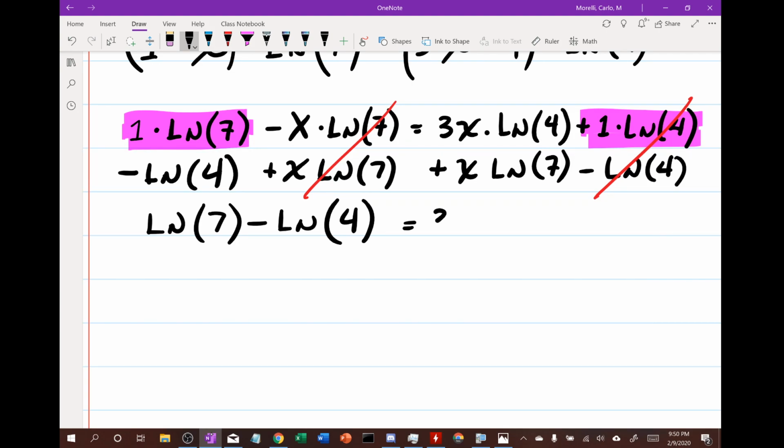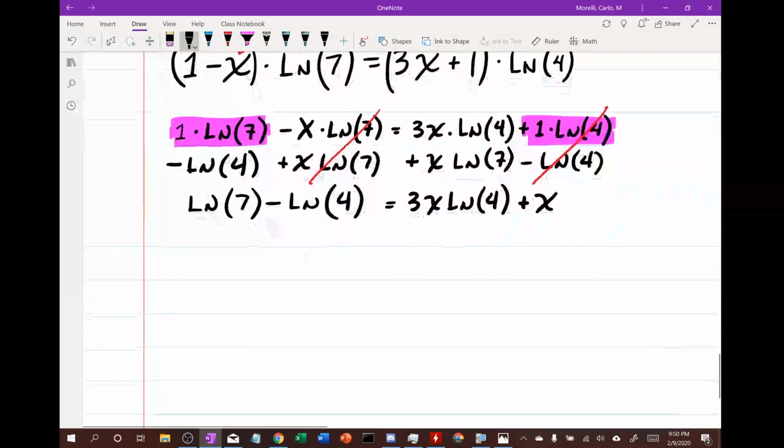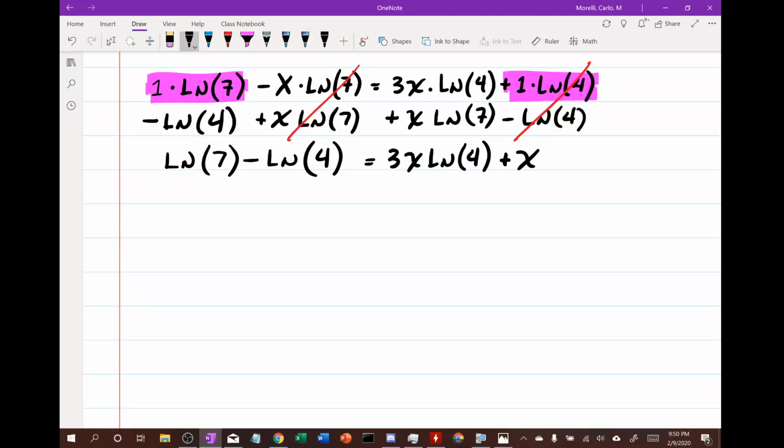So this is just 3x ln of 4 plus x ln of 7.